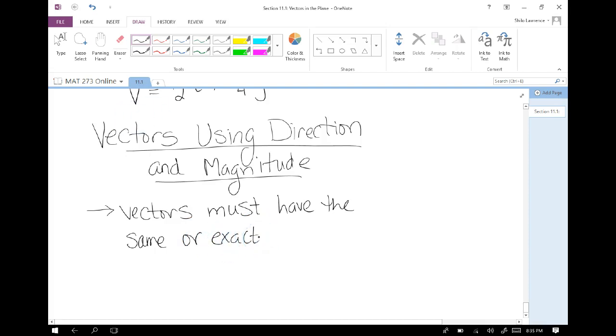And that's what the components do for us. The components take a vector's direction and magnitude and they split it into an x and a y, a horizontal component and a vertical component.